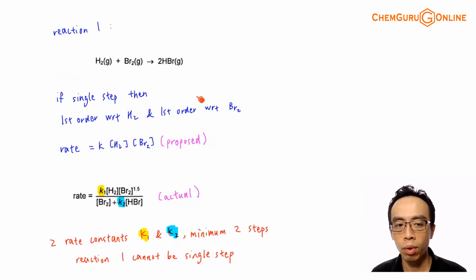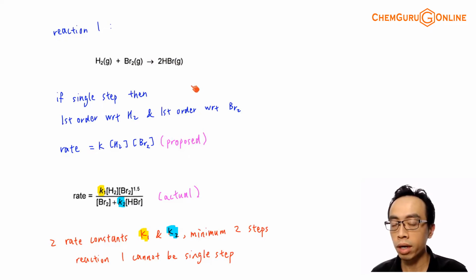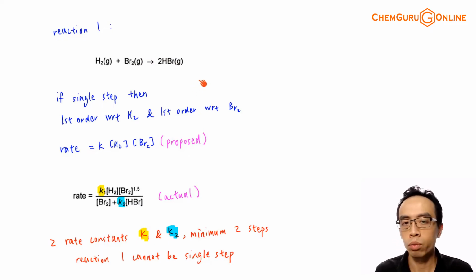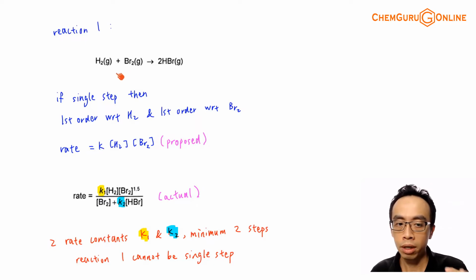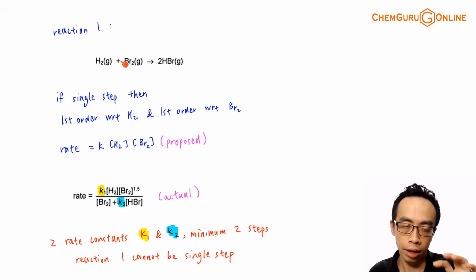Now, involving reaction number 1, H2 plus Br2 to give me 2HBr, we can do exactly the same as what we have done previously. What if it were a single step reaction? Then what would the rate equation look like? If it is a single step, then all the reactants will be in the single step, and the order of the reaction with respect to the reactant will just be the coefficient for that species.